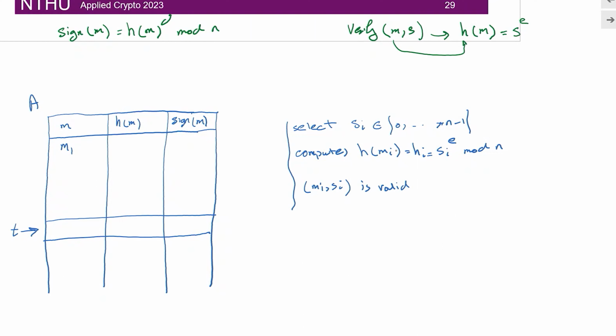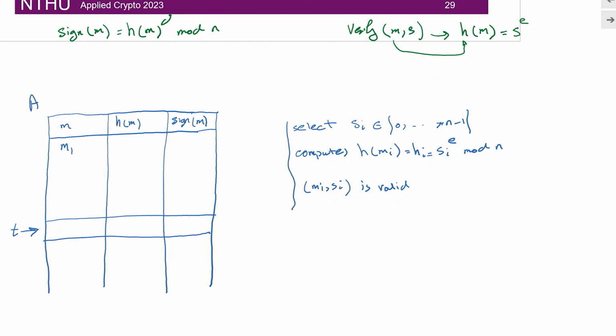We know that somebody would take this signature, and whatever signature it is, we raise it to the power E at the end, and that should become equal to the hash of M. So over here, we don't know the D, but we can somehow make this equality match, and to the eyes of the forger, this is a valid signature.